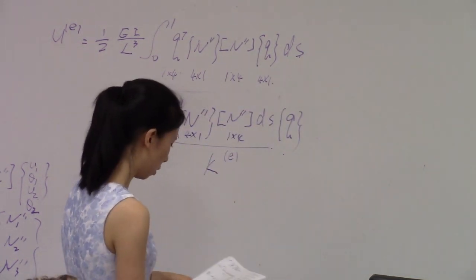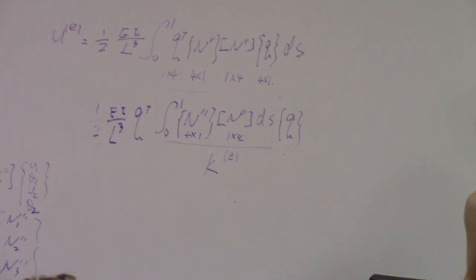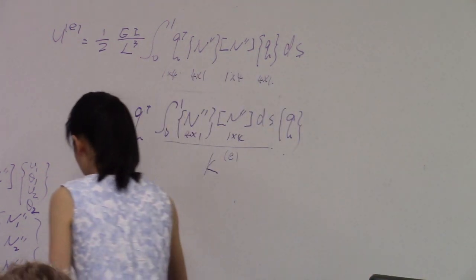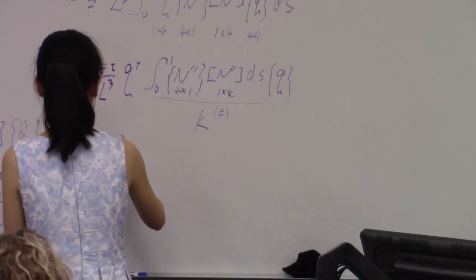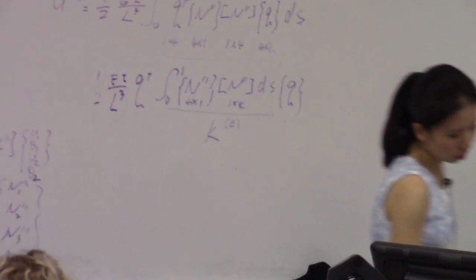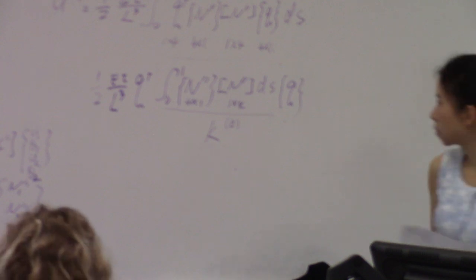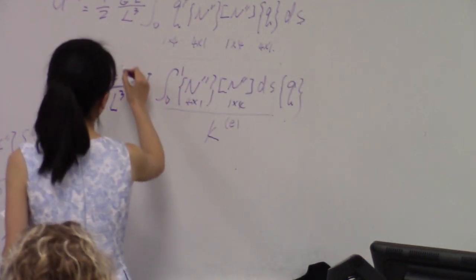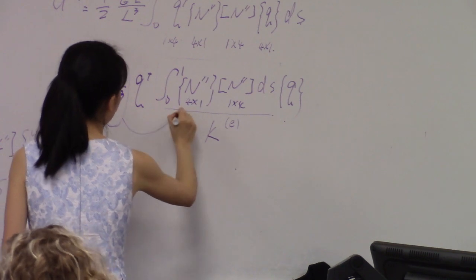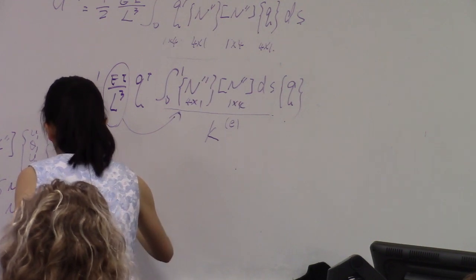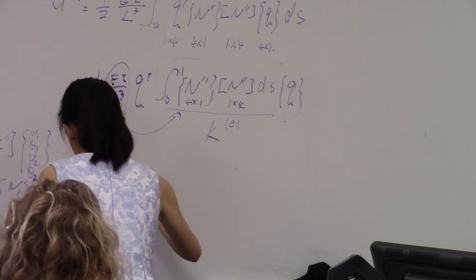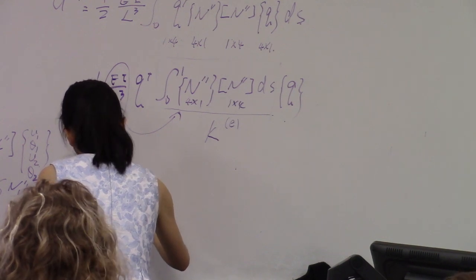So the stiffness matrix should be, I think it's in the, okay. So, I forgot, this part is also included in the stiffness matrix. So K should be equal to EI over L cubed.